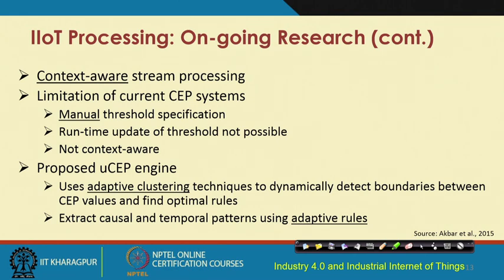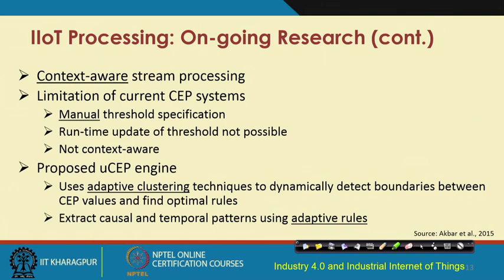The limitations of the traditional CEP based systems are that they use some kind of manual thresholding. A threshold is specified beforehand manually, and based on that the decisions are made, and those are not context aware.